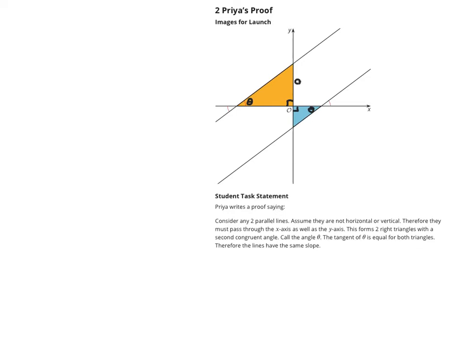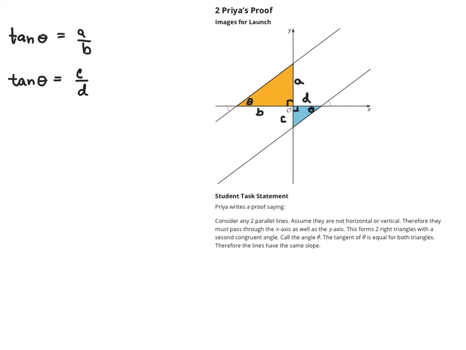So the tangent of theta for the orange triangle is A over B. The tangent of theta for the blue triangle is C over D. Not sure what to do with that yet, but it's there.